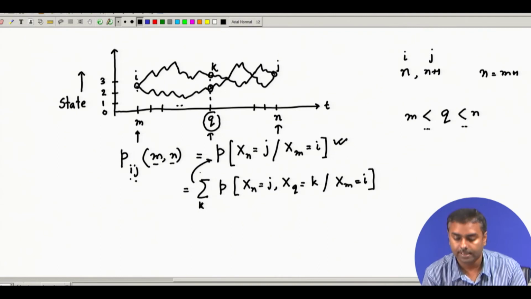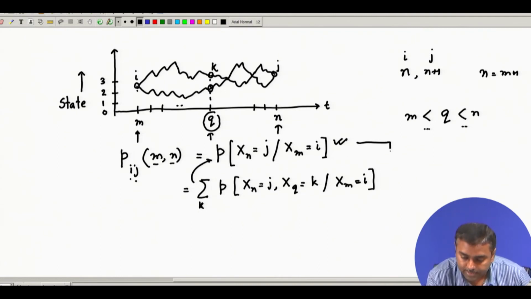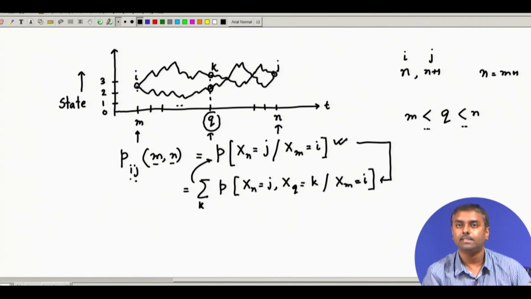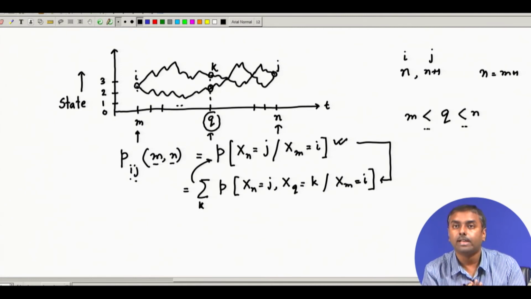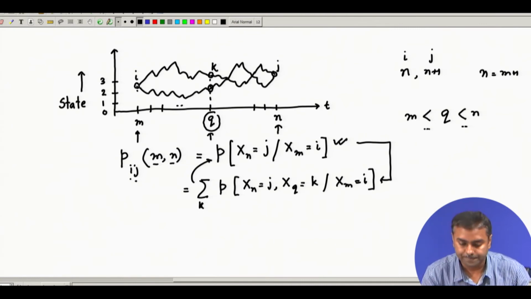I have no issues with that. So, therefore, I can re-represent this equation in terms of this following equation. Up to this there is no problem. I have not put any Markovian property or anything else, I am just introducing the intermediate steps and trying to see what happens. Okay. So, this is true.